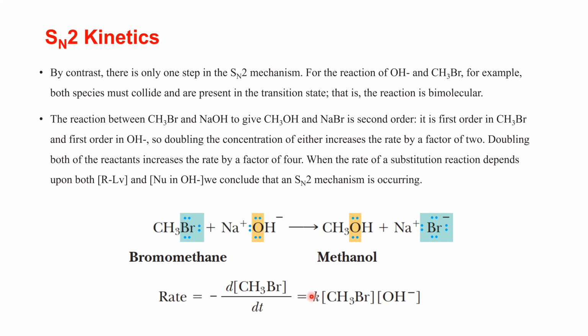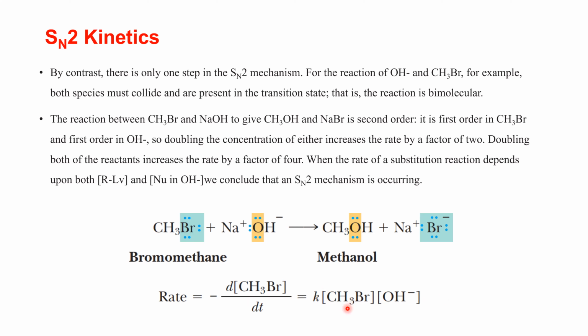Overall, the rate of reaction is dependent on the concentration of methyl bromide and hydroxyl ion. So if we double both of these reactants, the rate of reaction will be 4 times, right? Or if we double any one of these, it will be double.